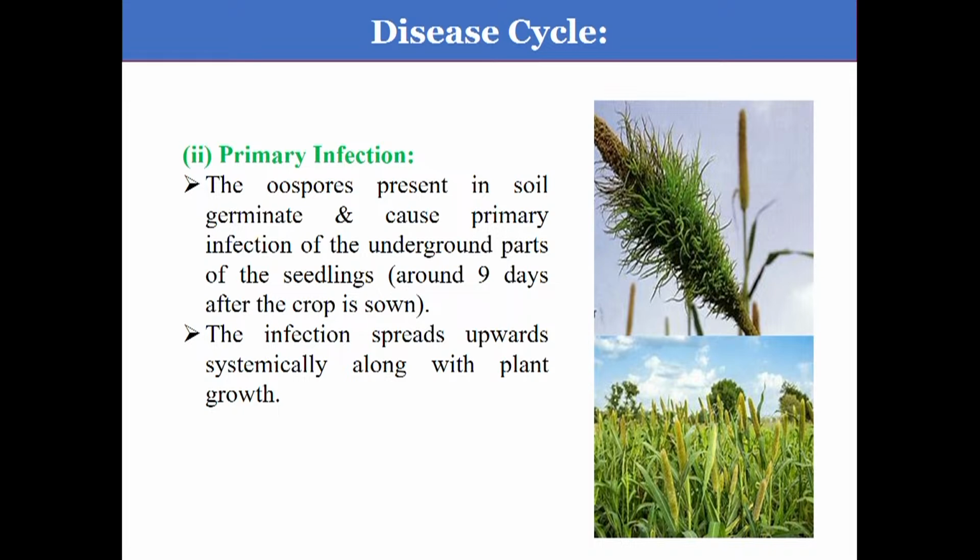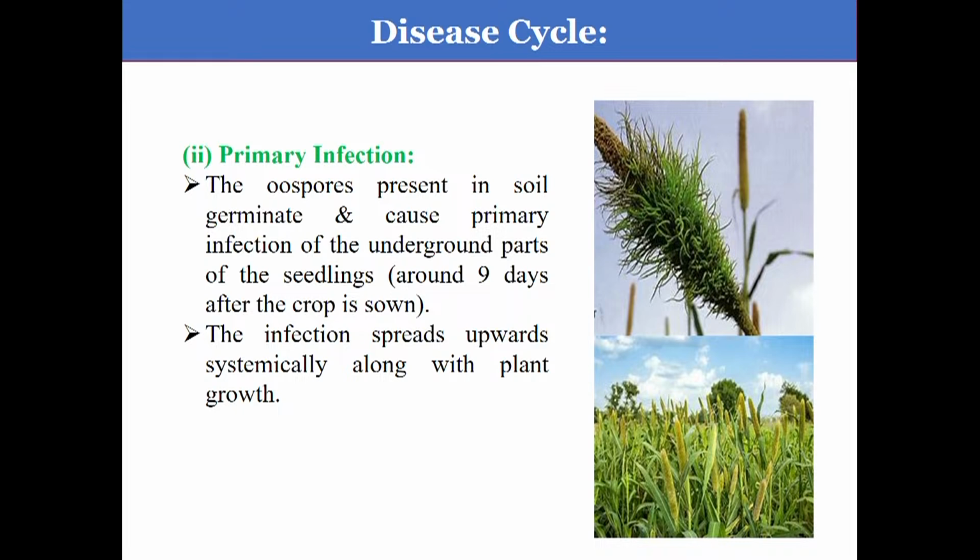As I told you, the pathogens survive in dormant condition in the field, and when favorable conditions come, like a favorable temperature of 25 to 28 degrees centigrade and high humidity, the pathogens germinate, and the seedlings get affected around 9 days after the crop is sown.